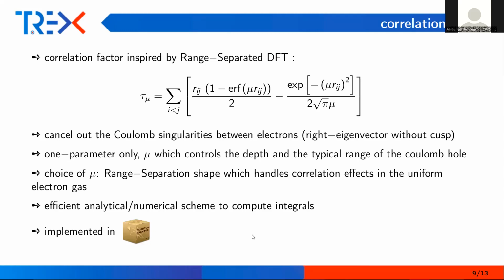So the correlation factor chosen to apply the transcorrelated selected CI has the following shape, where erf here is the error function and mu is a parameter which controls the depth and the typical range of the Coulomb hole between electrons. This correlation factor allows us to cancel out the Coulomb singularities between electrons, and it depends only on one parameter, which can be systematically chosen via expressions derived in the range-separated DFT framework for a uniform electron gas.